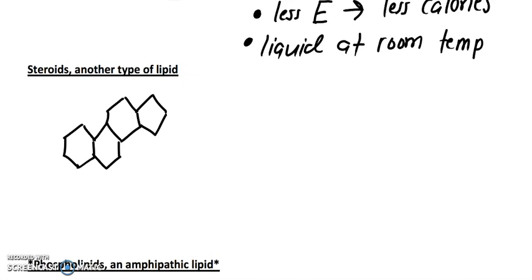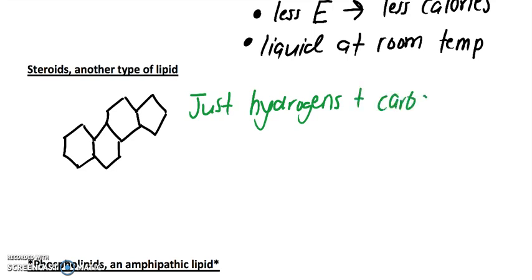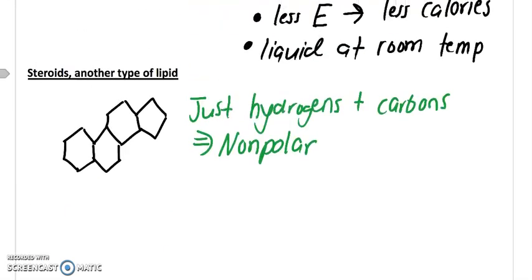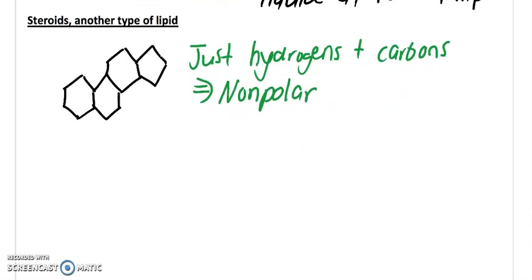Since it's just a hydrocarbon, just a bunch of hydrogens and carbons put together, just like the examples from before, this makes it nonpolar. This is why this is considered a lipid. Nonpolar. And steroids have important functions, which we'll discuss later.